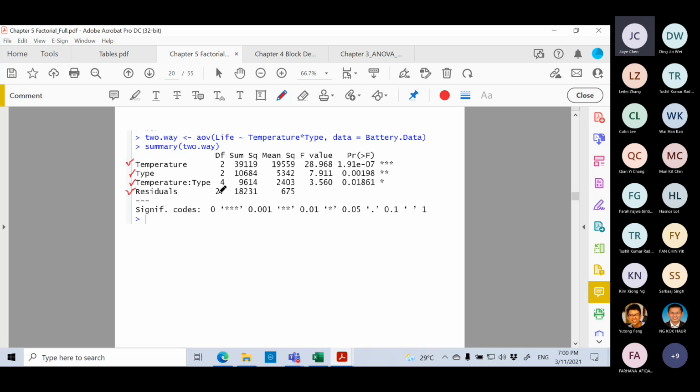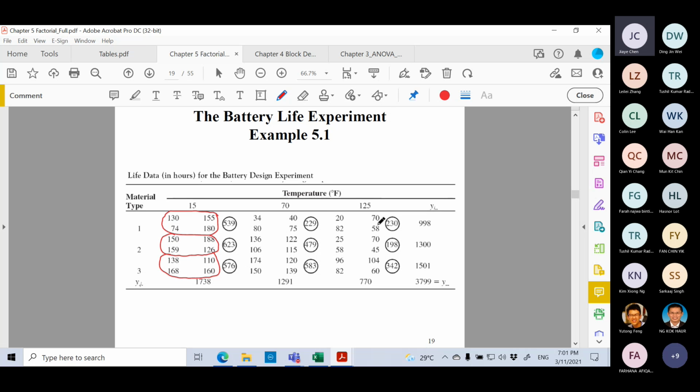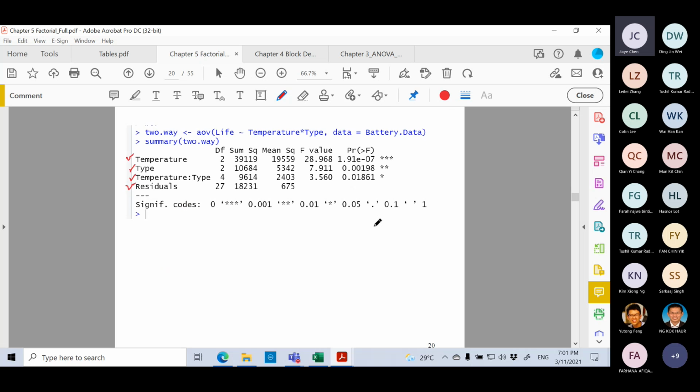Finally, you get the residue degrees of freedom. I can't remember what the degrees of freedom for residue is, but you know the total observations: 3 times 3 times 4, altogether you have 36 observations.